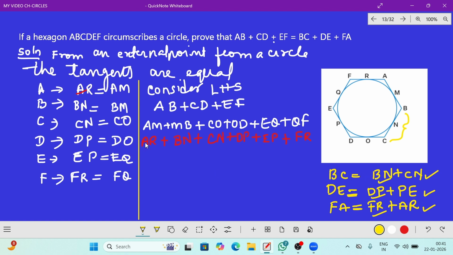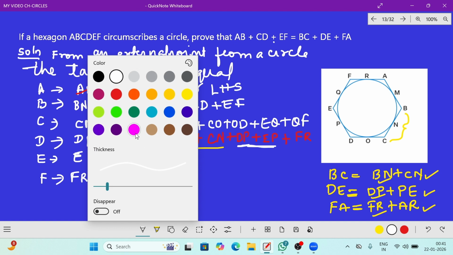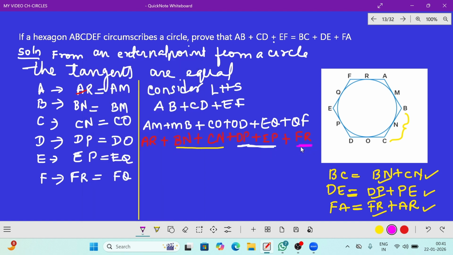Now you check all the terms here. I've got BN plus CN, and DP plus PE. Then I've got FR plus AR. So I can rewrite BN plus CN as BC.